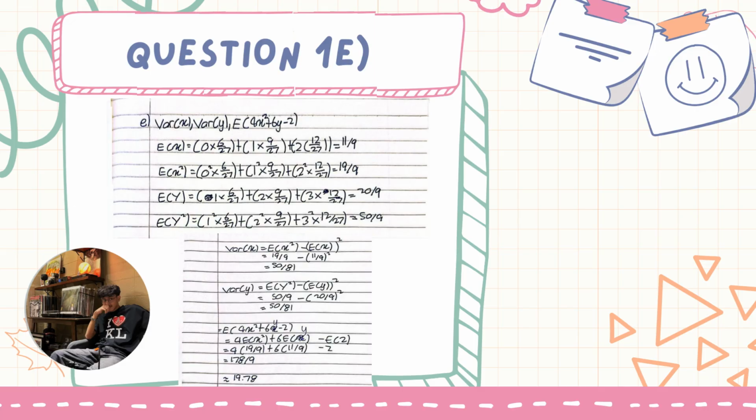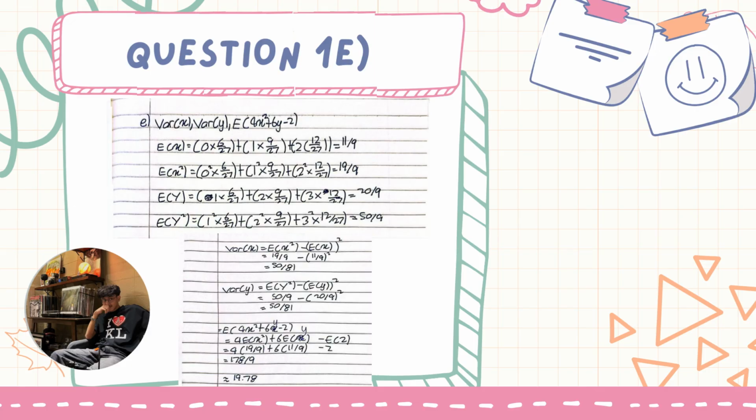To find the variance of x, we apply the variance formula, which is E(X squared) minus the mean squared. By taking our value of E(X squared), which is 19 over 9, and subtracting the square of our mean, which is 11 over 9 to the power of 2, we find that the variance of X is 50 over 81.